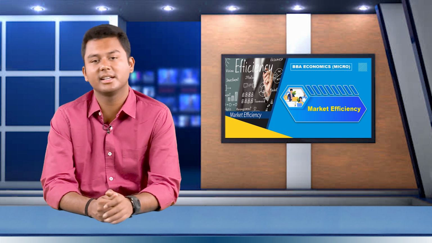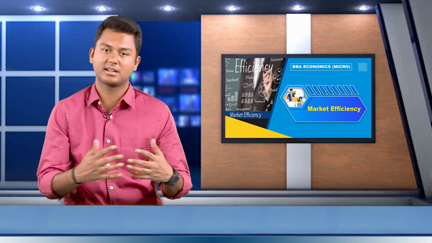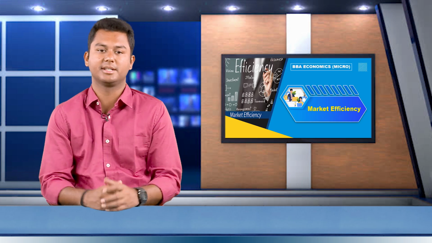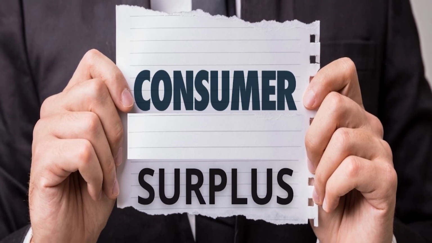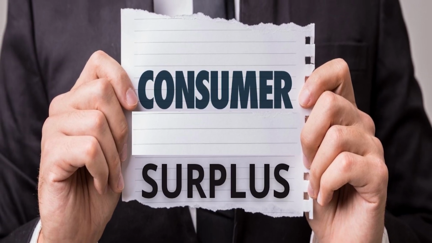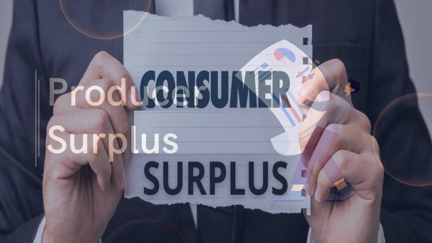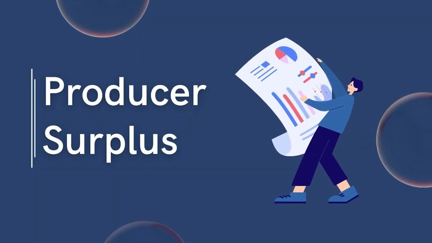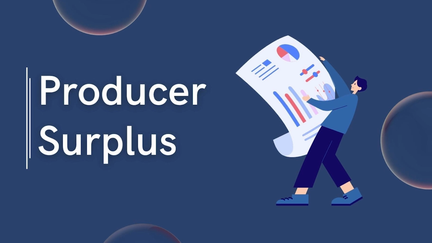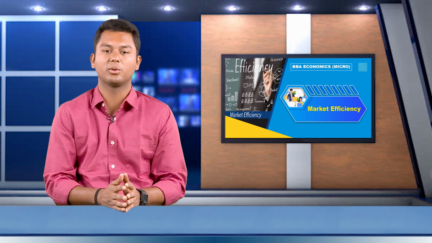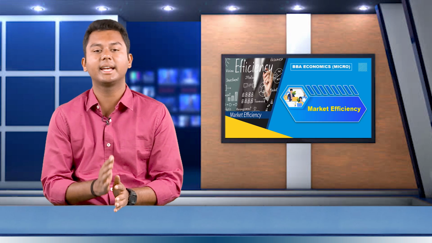To make this decision, the planner needs a metric for measuring societal economic well-being. One such measure is total surplus, which combines consumer surplus and producer surplus. Consumer surplus, as we have seen, represents the benefit that buyers gain from participating in the market, while producer surplus reflects the benefit received by the sellers. Total surplus therefore captures the overall value created in the market.